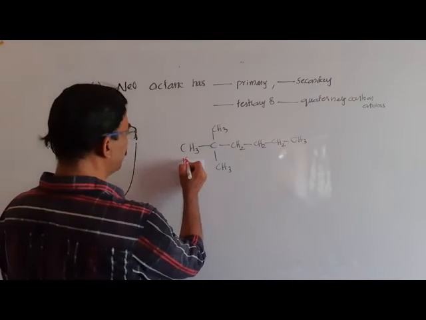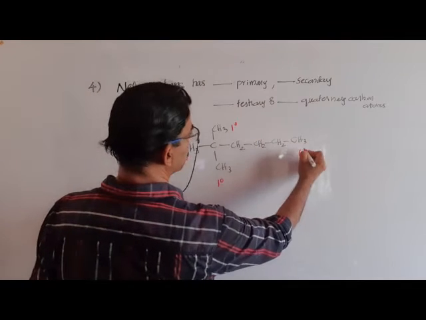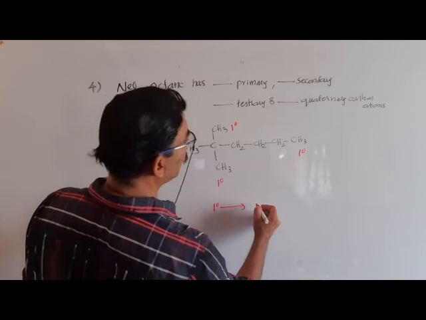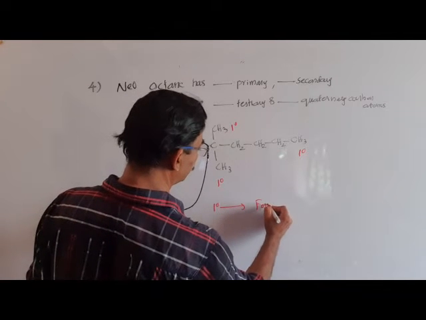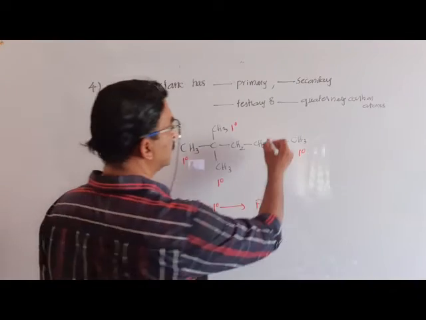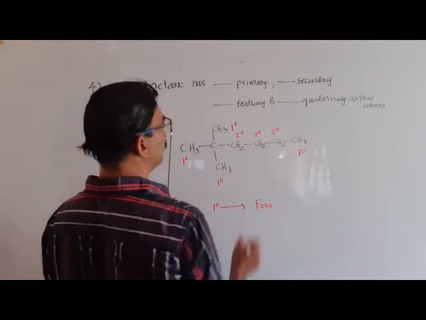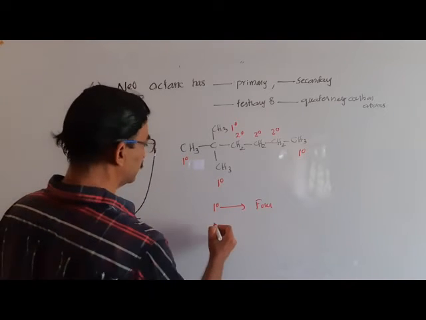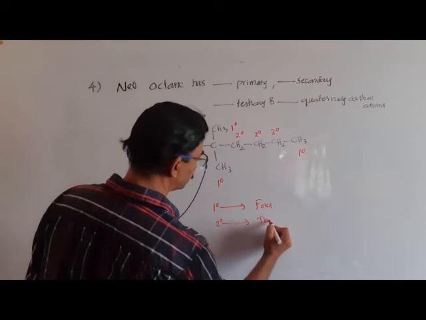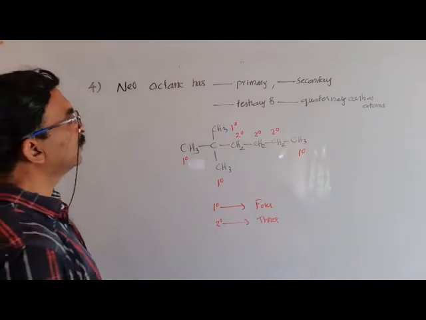This is primary, this is primary, this is primary, this is primary. So primary 4. Now we will mark secondary carbons. Secondary, secondary, secondary. No other secondary. Secondary 3. Now we have tertiary.